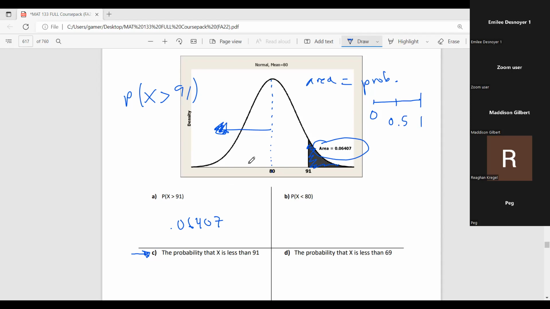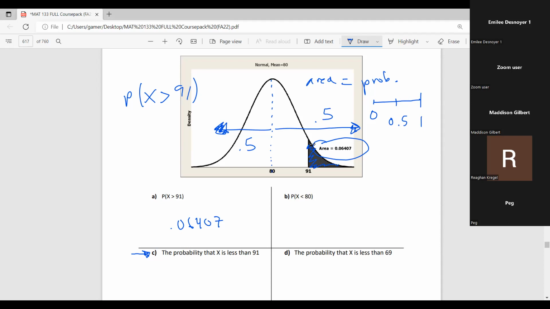It's 50% or 0.5 below. How much area is above? You're right, 0.5.